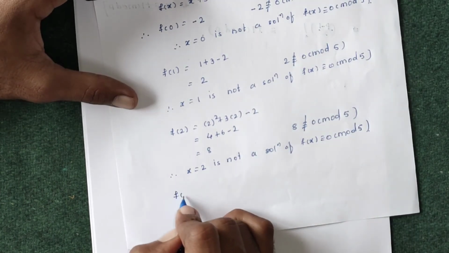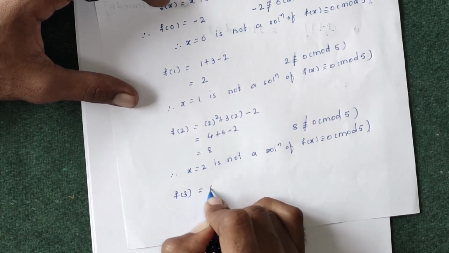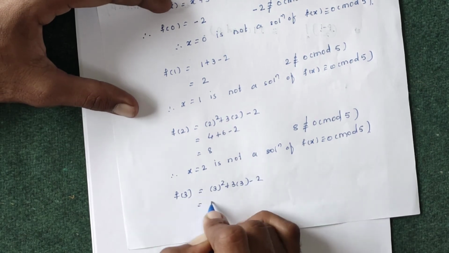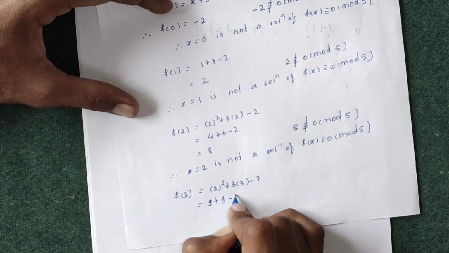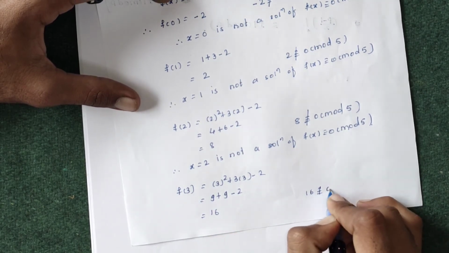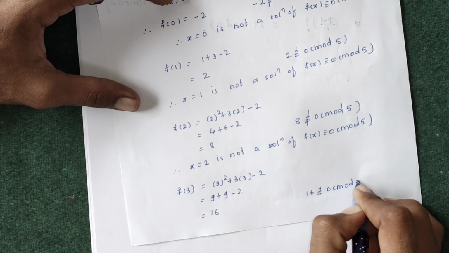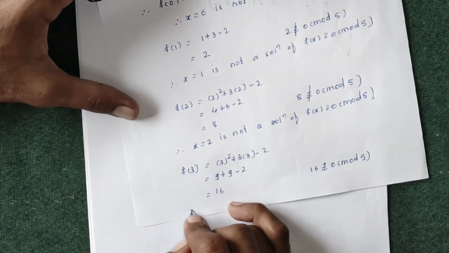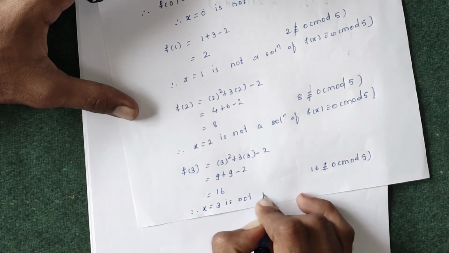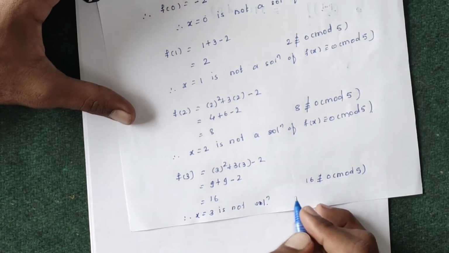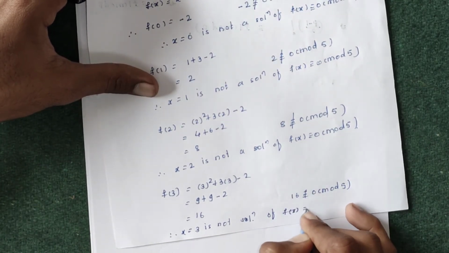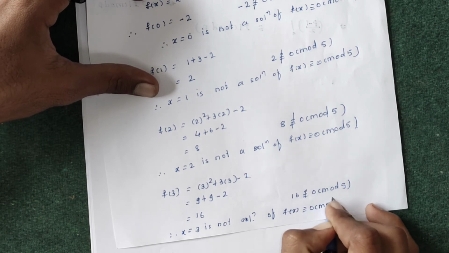Similarly for x equals 3, we will check 3 square plus 3 into 3 minus 2. 3 square is 9 plus 9 is 18 minus 2 is 16, and 16 is not congruent to 0 modulo 5. Hence x equals 3 is not a solution of the congruence f of x congruent to 0 modulo 5.